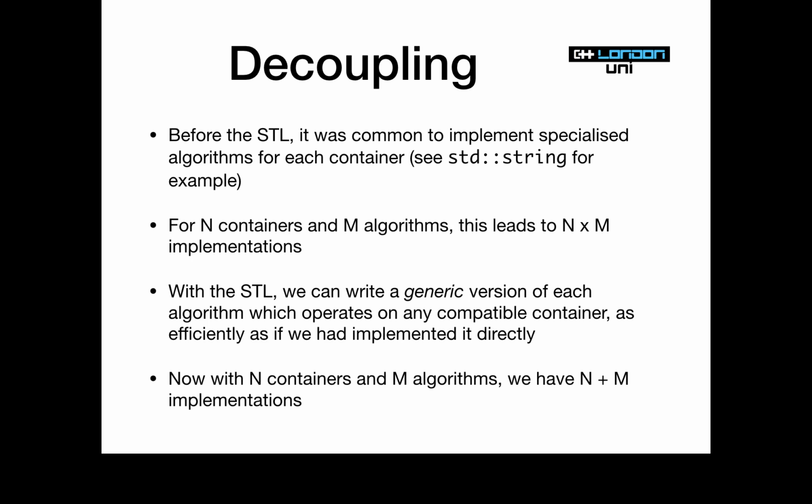So with these generic algorithms, with these generic functions, we can just write each algorithm once, but make it generic, make it a template. So we've written m different algorithm templates, 90 of them-ish, roughly, and about a dozen different containers.